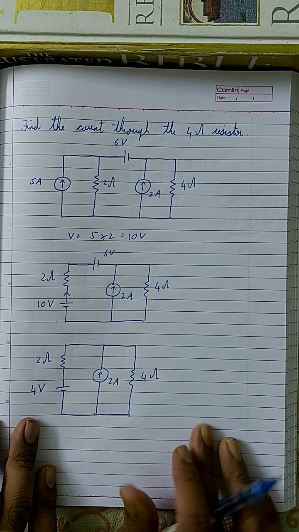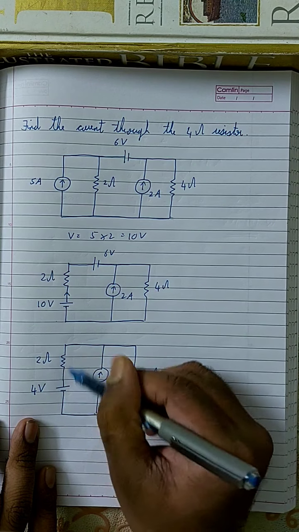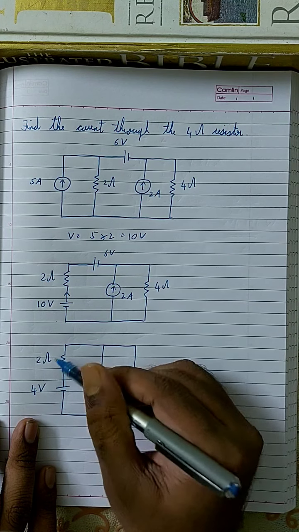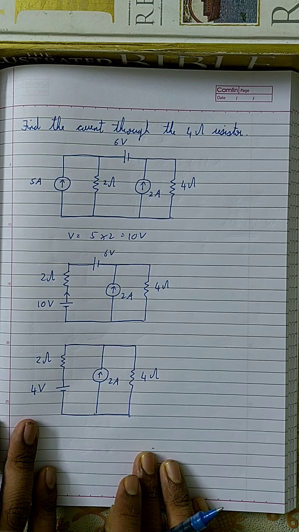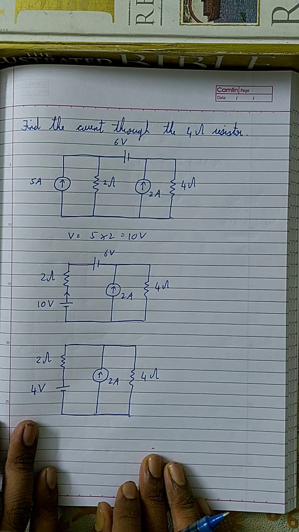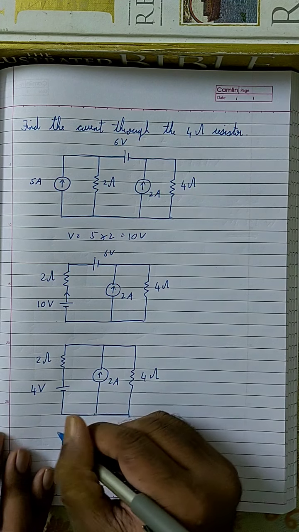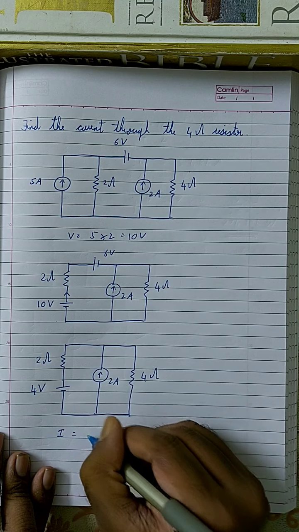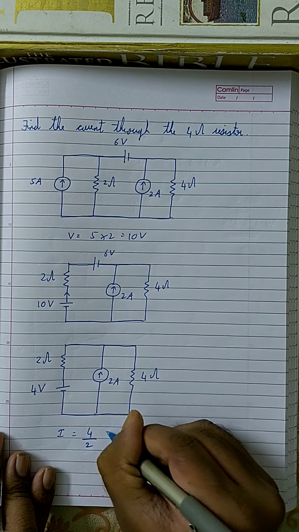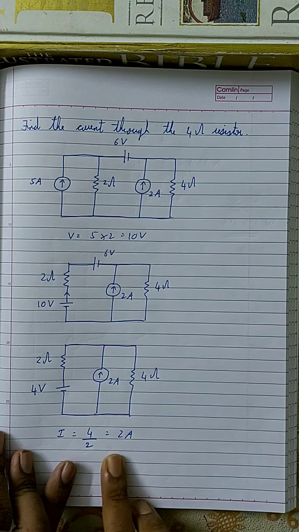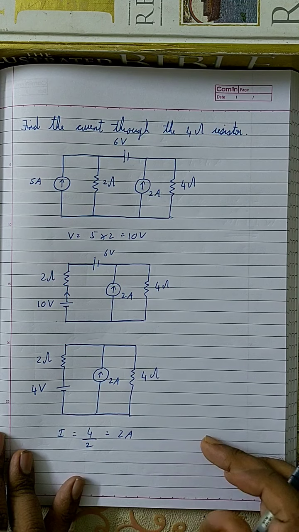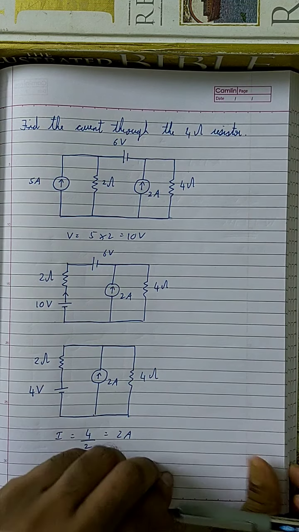Obviously the next step is to convert this voltage source with a series resistor into a current source with a parallel resistor. That is the only thing you can do over here. The value of the current is I equal to V by R, which is equal to 2 amperes. So this circuit can now be changed into a current source with a parallel resistor.